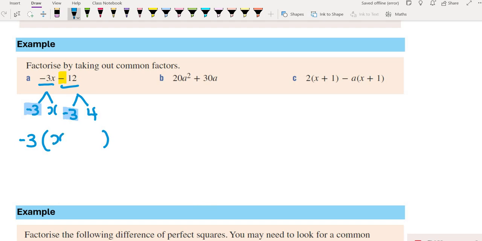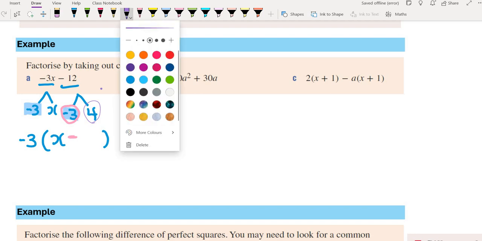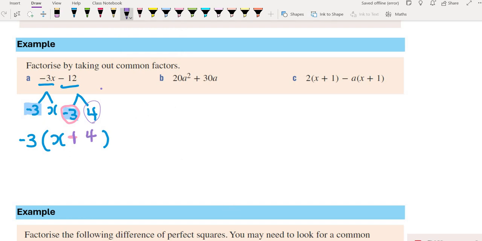So here we have x, and instead of having a negative sign in the middle, it's now gone because we used -3 as a factor. So all we're left with is actually just this 4 over here, and we can write this as +4.